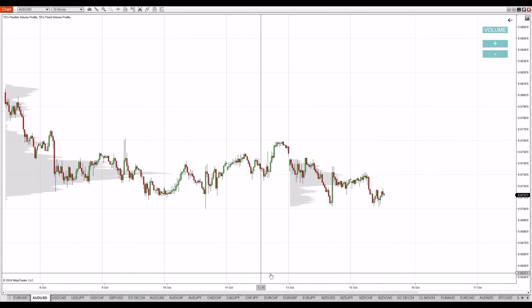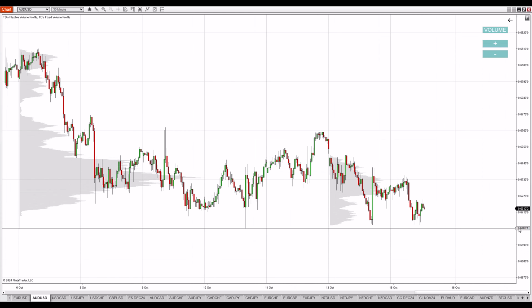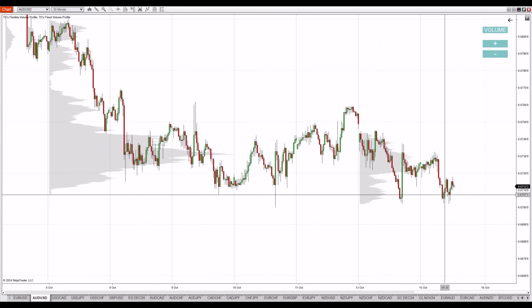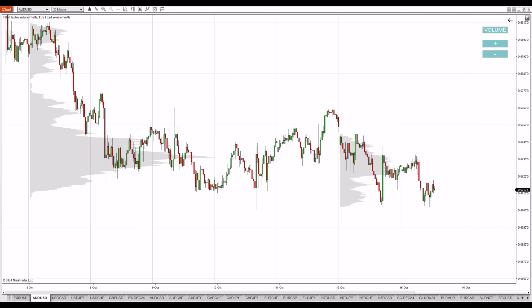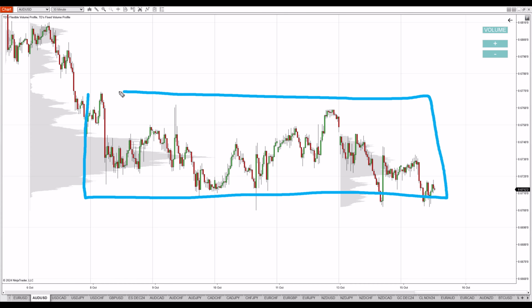Let me demonstrate this on that example from the previous week, because this was just one very long rotation, and I think this is a perfect example to demonstrate this. So when there's a rotation like this one, you want to trade from the extremes of the rotation and target the center of the rotation.